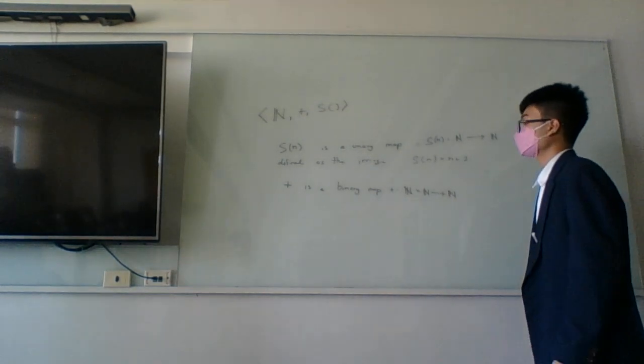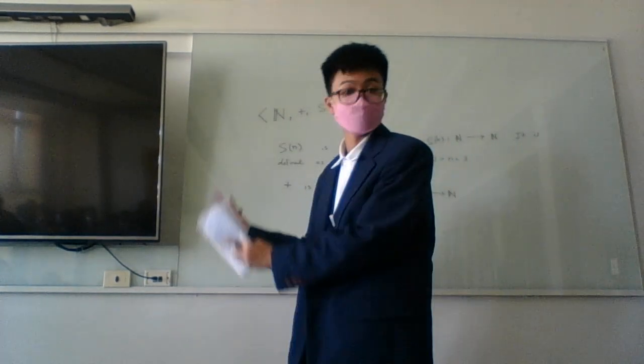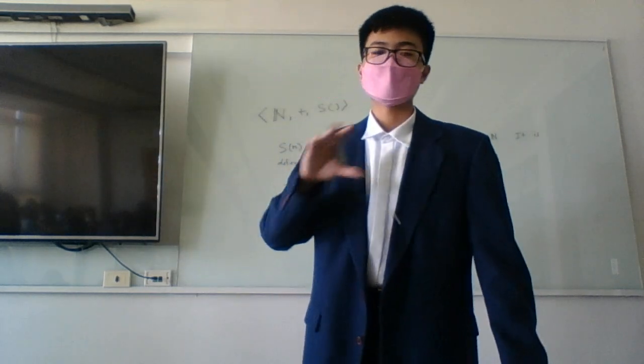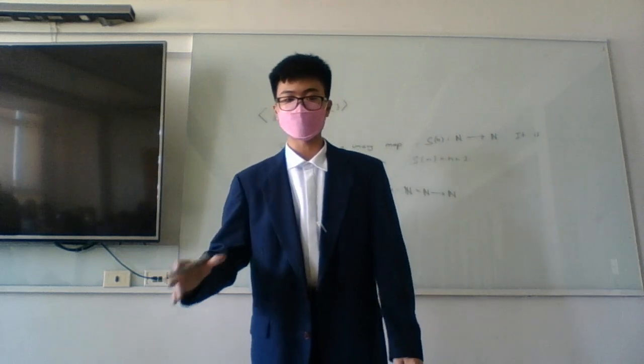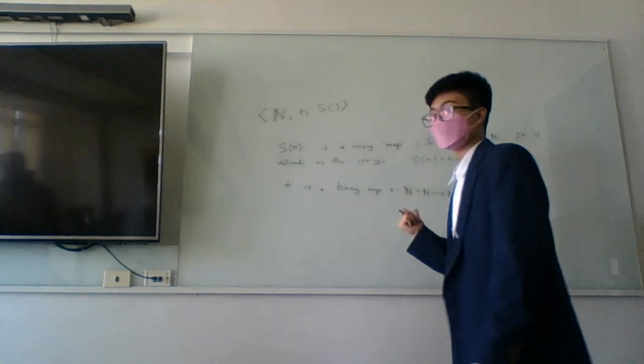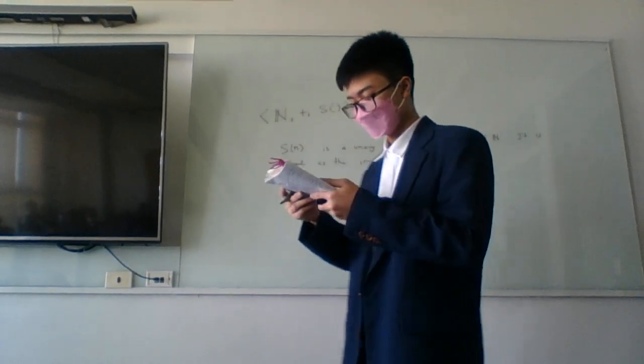We don't just say that a plus b equals some natural number c, right? We don't just say 1 plus 1 is this, 2 plus 2 is this, 3 plus 3 is this. That's not the proper way of defining this operation. The proper way of defining this function is recursively, starting with 0.